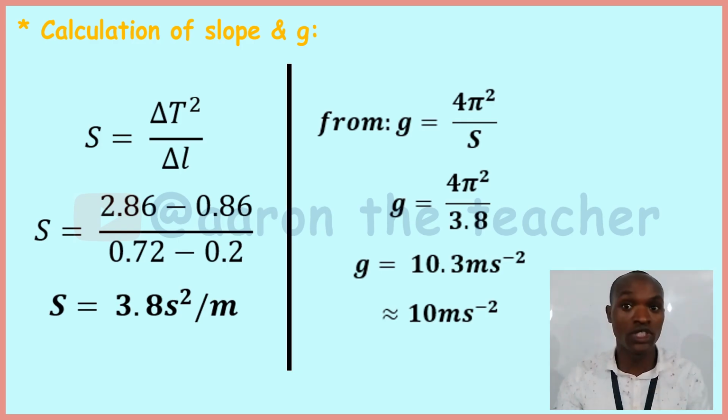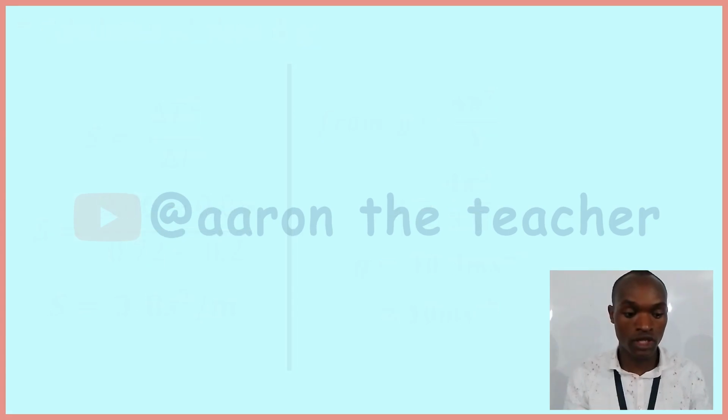We've divided two significant figures, which is 3.8. That's why we are having our value as 10, ending the value with 10 meters per second squared. And I trust we are on the right track, because at least our value is falling in a particular range.